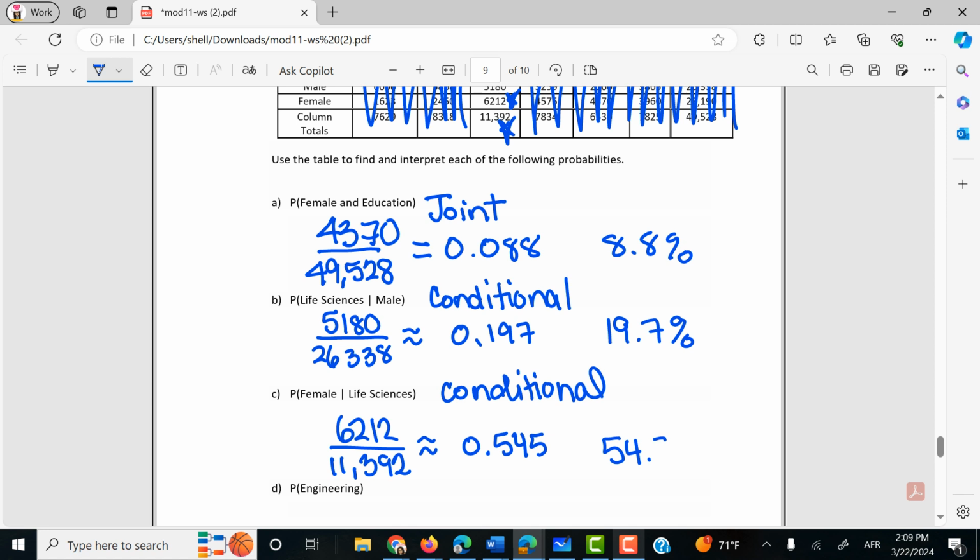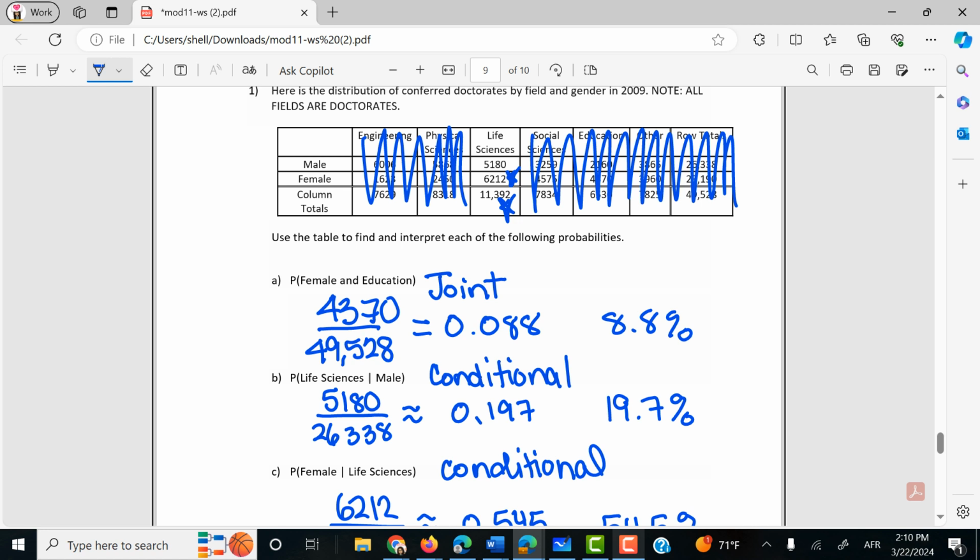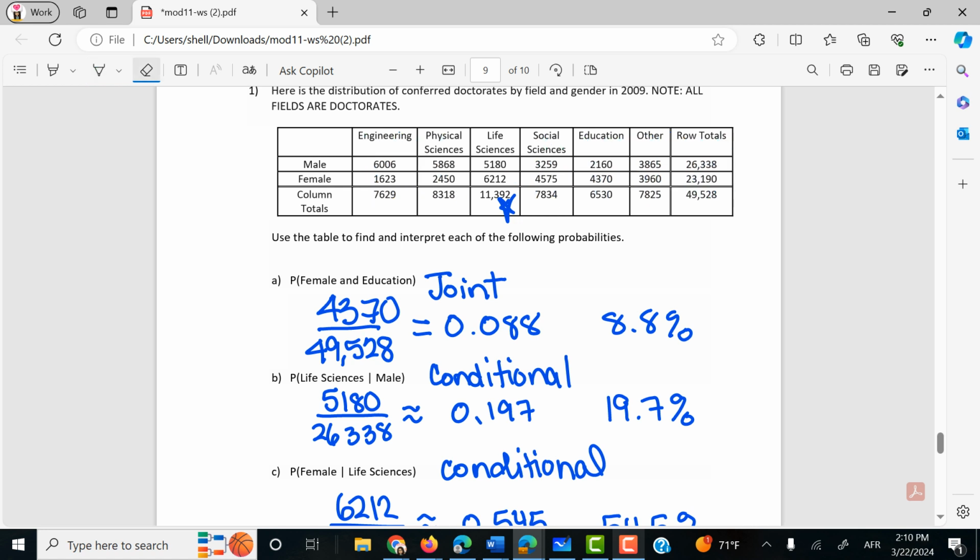Out of all of the students that chose life sciences, 54.5% were female. Be very careful with the differences between B and C. In B, the condition is male, so we looked at the row. In C, the condition is life sciences, which is a column.